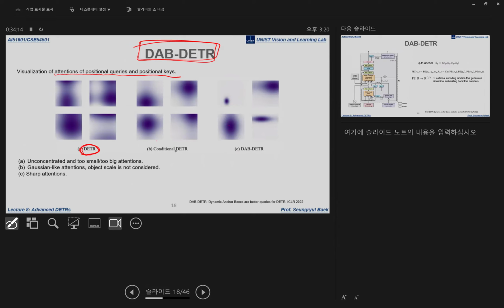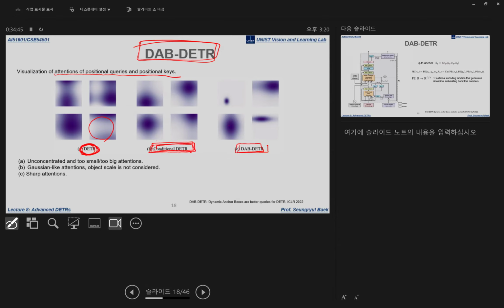Here is the conditional DETR, and this is the DAB-DETR. Compared to the original DETR, the conditional DETR is well capturing the positional information about the bounding boxes. The original is not well capturing rigid objects, but the conditional DETR captures the objects much better than the original DETR.